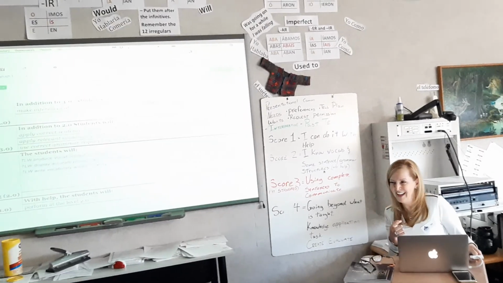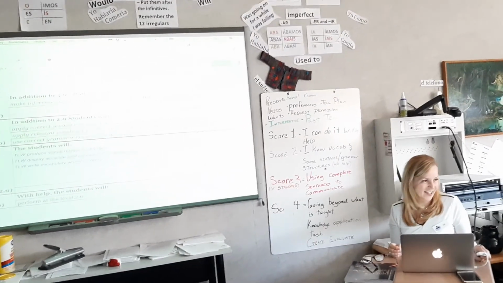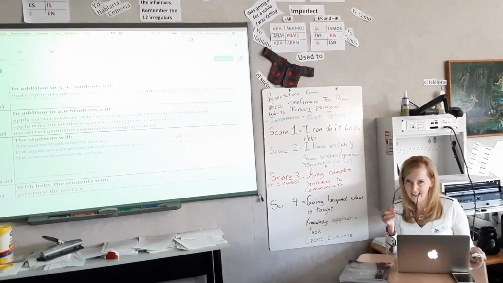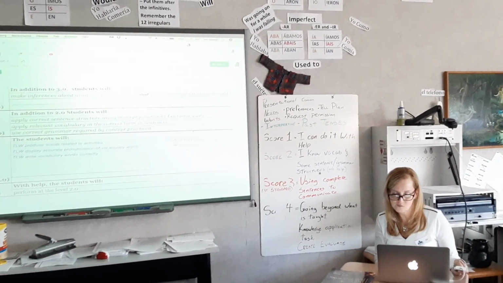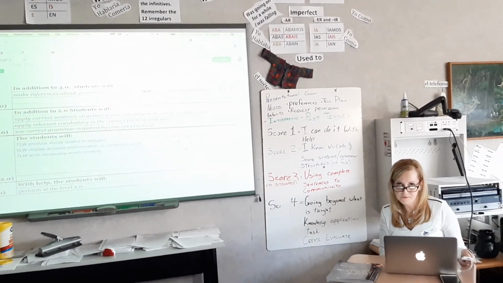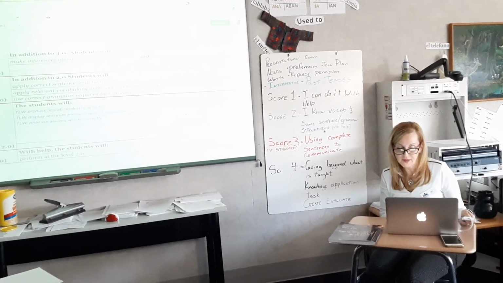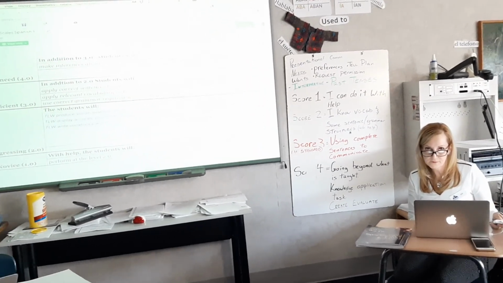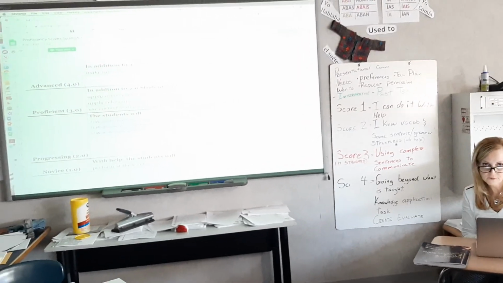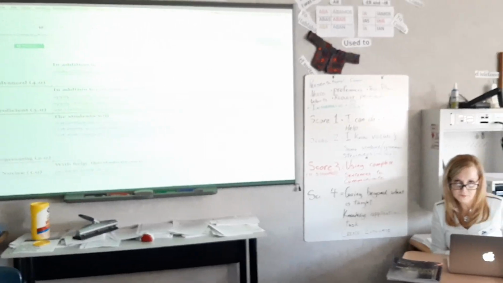Because I think, yeah, you're going to need to apply a correct sentence structure using the concept practice, whether you're presenting, interacting interpersonally, or interpreting. And on the second one, apply relevant vocab, correct form in sentences.